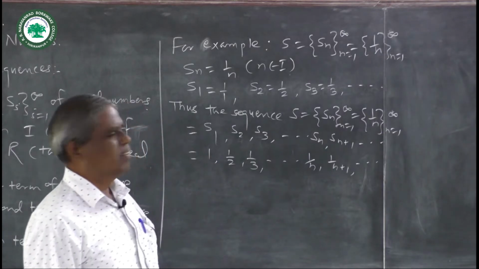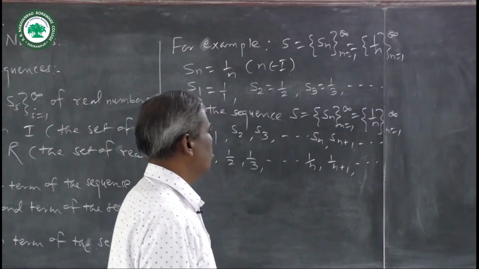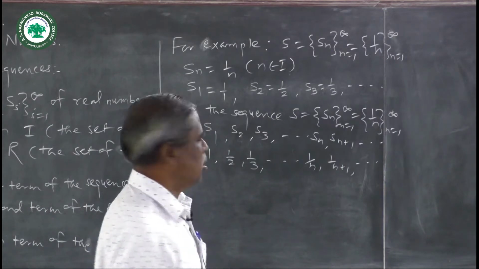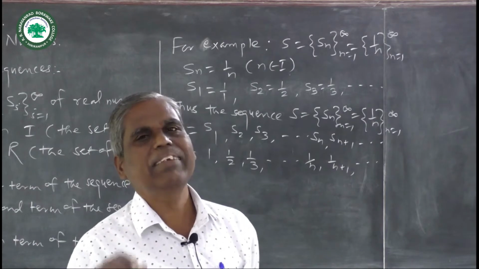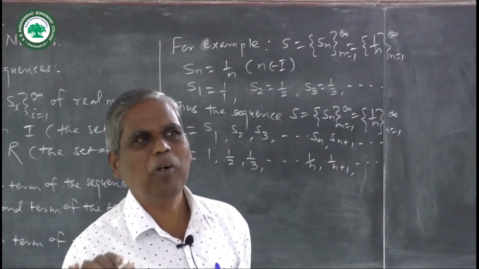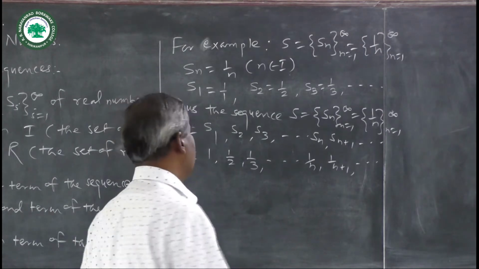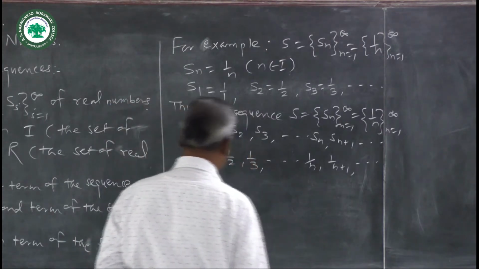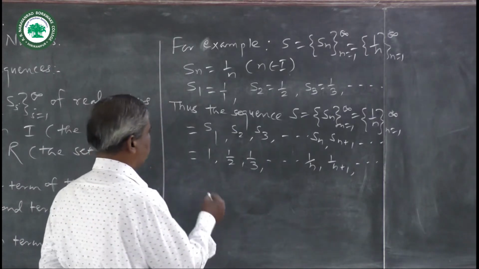This is sequence of real numbers. Sequence of real numbers means sequence S is function from the set I of all positive integers into R, set of real numbers. This function is into function.